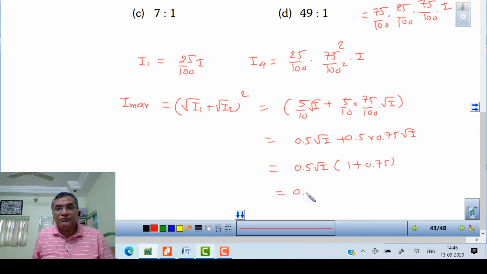So this is 0.5 root I into 1.75. Okay, this is for I max.